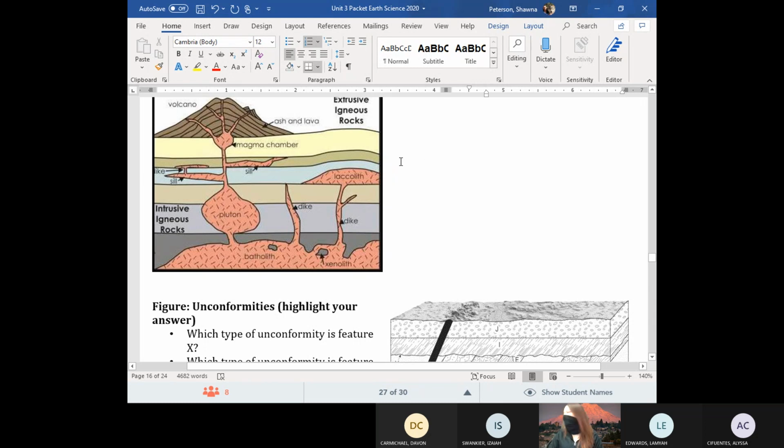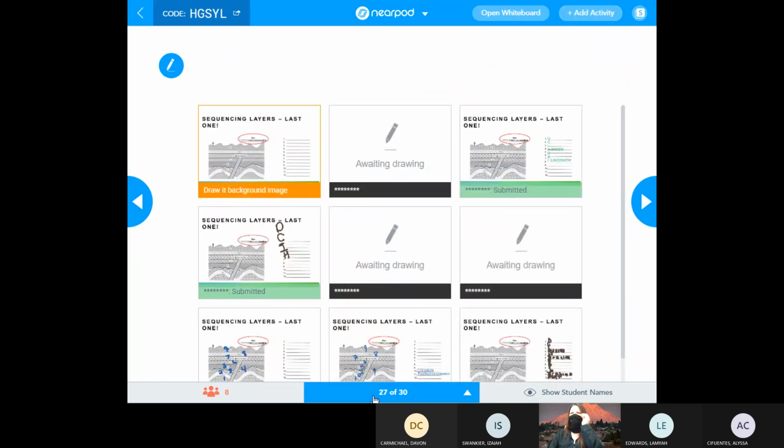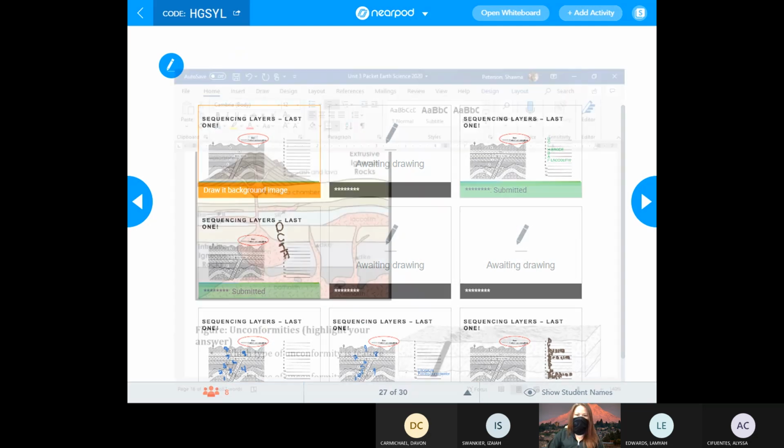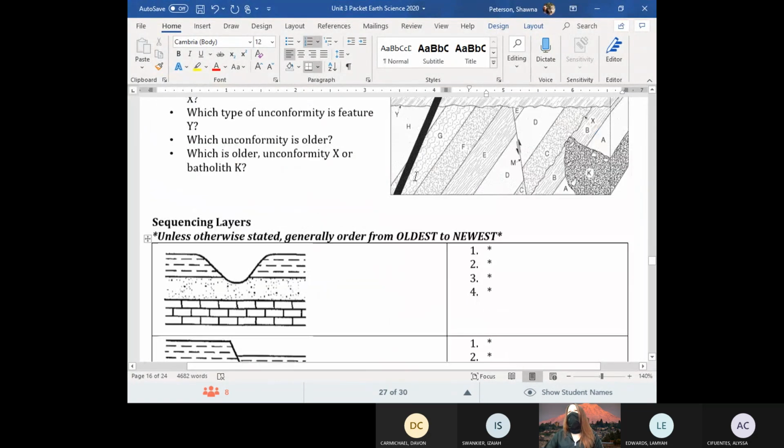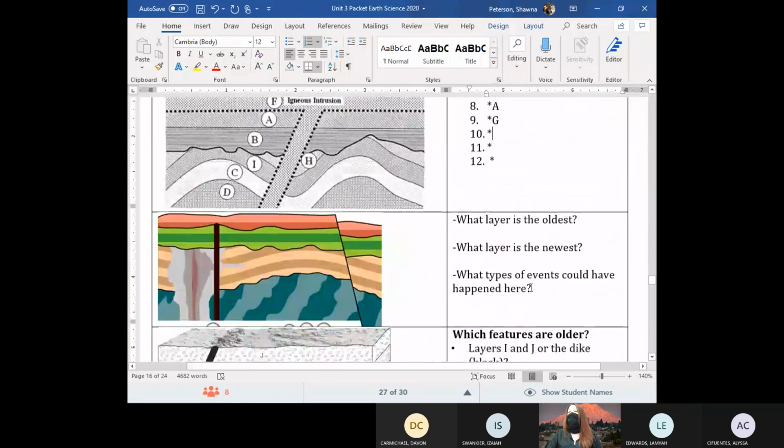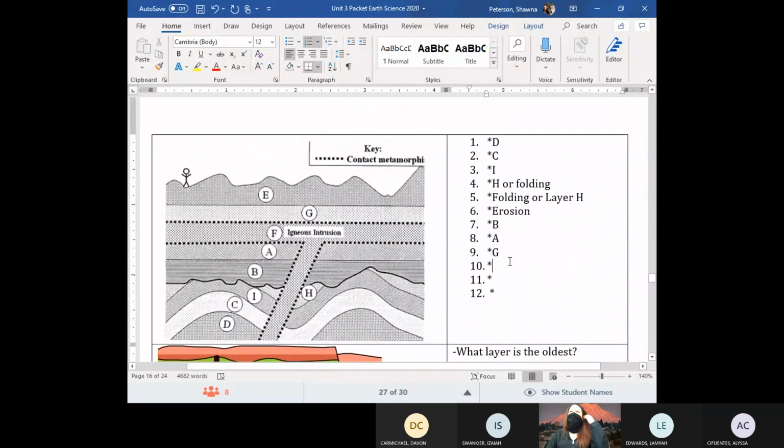That's what it's called. All right, and then we'd have our sill, or it would even be a laccolith. Either one of those would have been fine, but you can just call it an intrusion. It's fine. Let me pull my notes back. Oh, that was my notes. I'm dumb. All right. So then we'd have our layer F, which is that igneous intrusion.